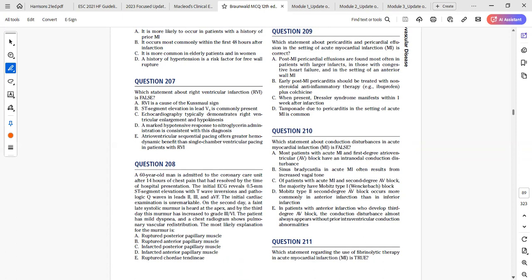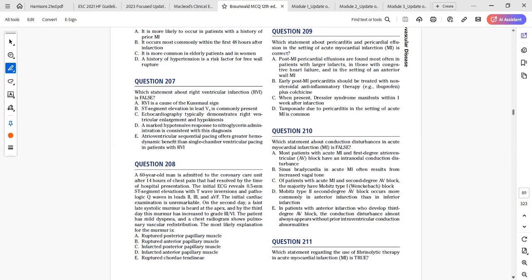D. A marked hypotensive response to nitroglycerin administration is consistent with this diagnosis. E. Atrioventricular sequential pacing offers greater hemodynamic benefit than single-chamber ventricular pacing in patients with right ventricular infarction. So we are looking for the false option.